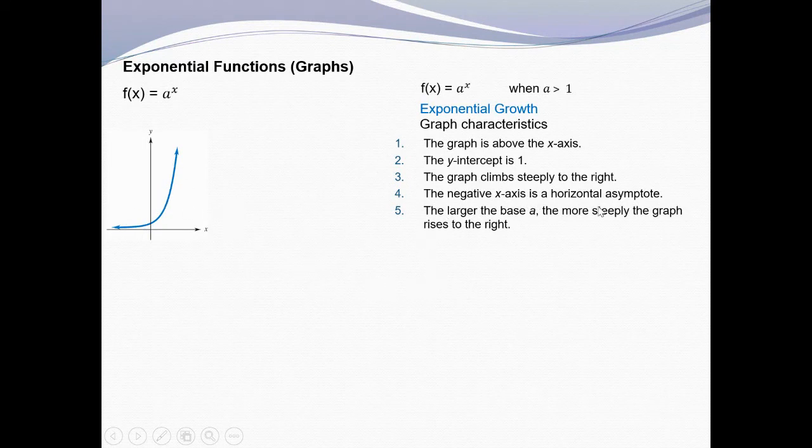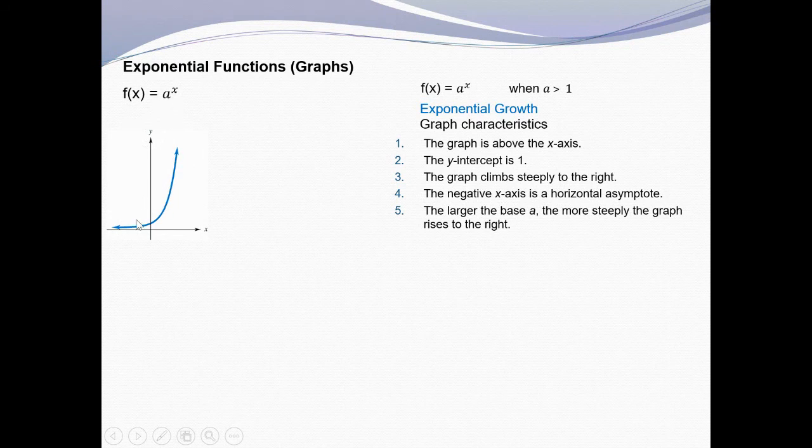The negative x-axis is the horizontal asymptote. This graph will never touch the x-axis. As it goes down to the negative, it will get closer and closer to 0, but it will never touch the x-axis. The larger the base a, the more steeply the graph rises to the right. So, for example, say this was a 2. The 2 will be like the one that we just graphed.